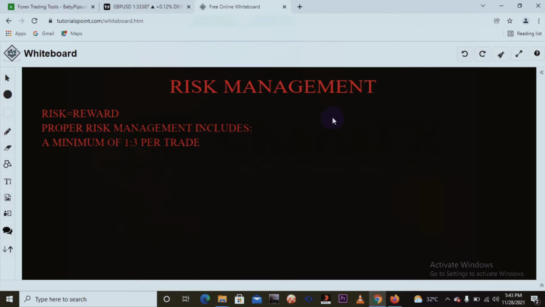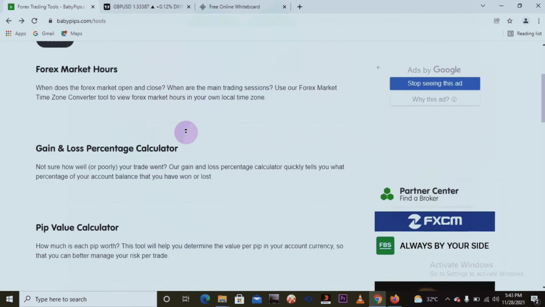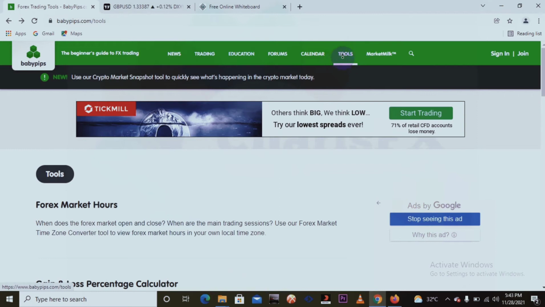but meanwhile, before we go to the things that I want to show you, we'll go through our risk calculator. You just go to babypips.com and click on tools.